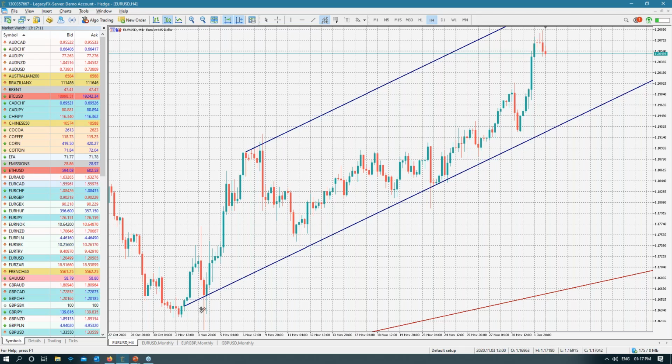All right, so we take the same point again. Now within the day, it's been in the bottom half of this channel. It's finally gone to the top half of the channel. But if we cut this channel in half, right? So I just cut it down to the center.